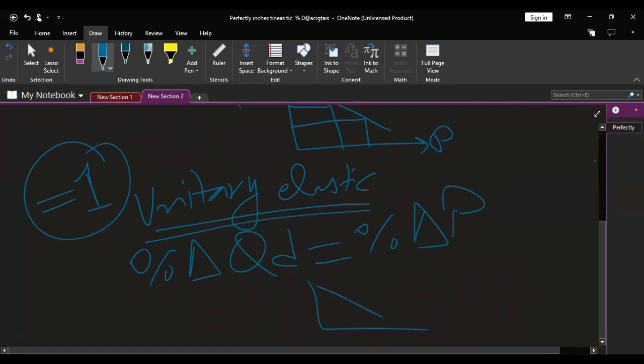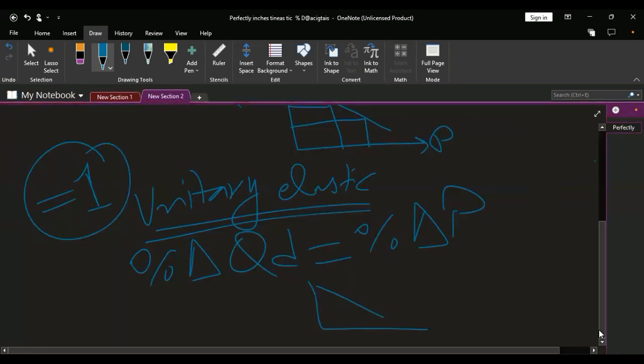Means quantity and price both move in the same magnitude. For example, if there is a 50% increase in price, then the quantity will also decrease by 50%. This is unitary elastic.